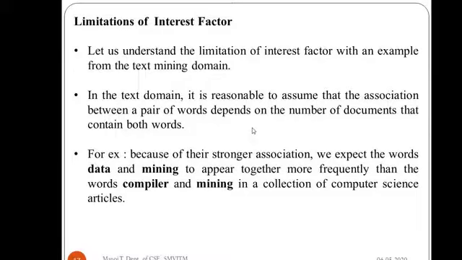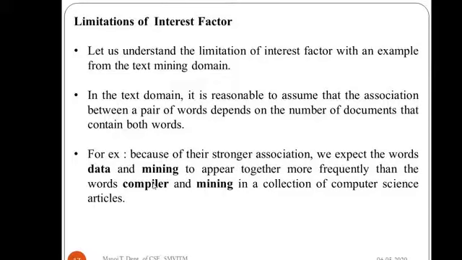So we are taking a similar example over here. The association between a pair of words we are going to see. Some words will have a stronger association, and some words will not. Suppose you take the words data and mining.